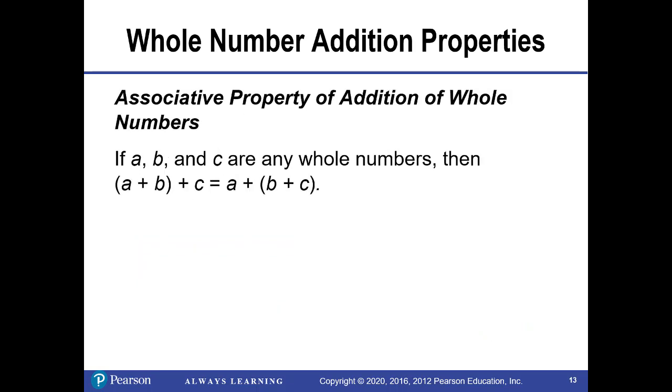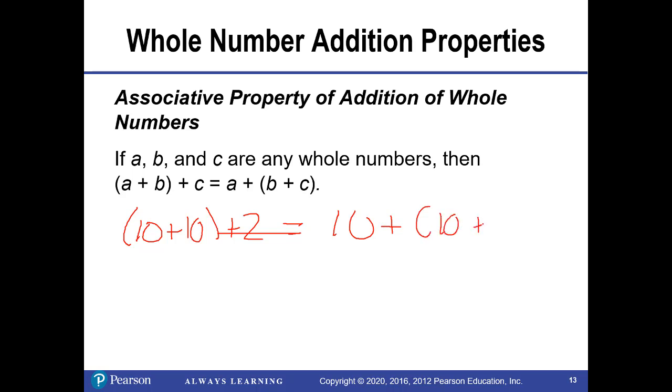And then we have another property you're familiar with from algebra, most likely, the associative property, which means that we can group numbers together how we want. And that's why things like the doubling strategy work, because 10 plus 10 plus 2 is the same as 10 plus 10 plus 2.